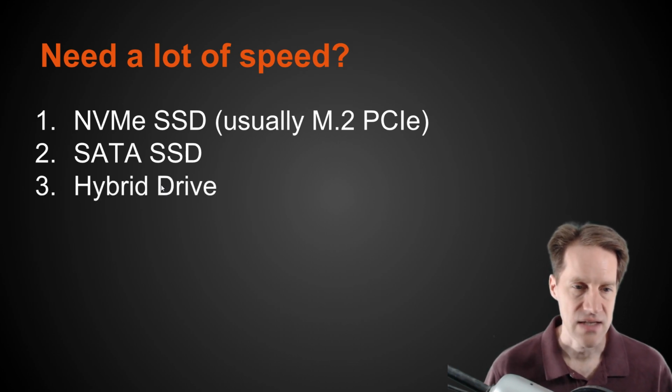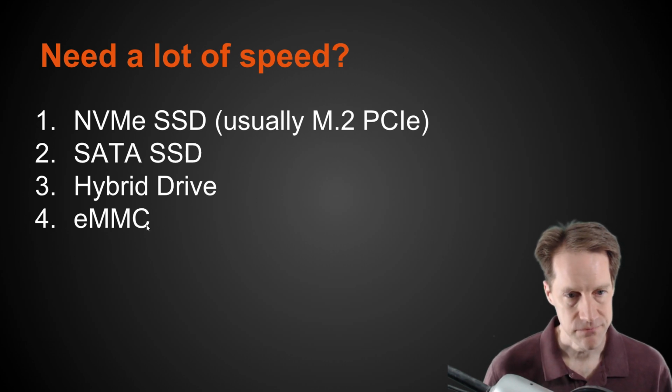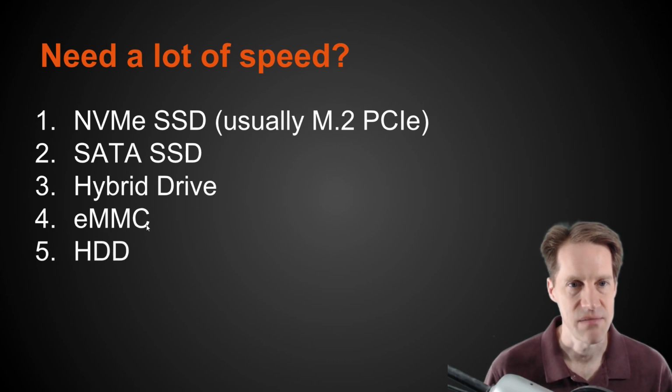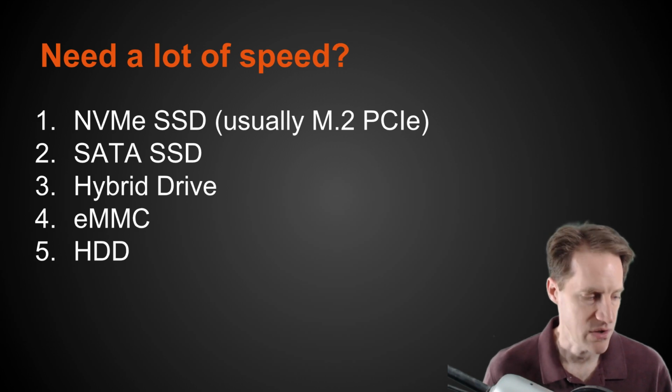Again, the next fastest, but giving you more storage, is the hybrid drive, followed by generally the embedded multimedia card, and then at the end of the pack in terms of speed is the hard disk drive. But that is the technology that gives you the most storage.